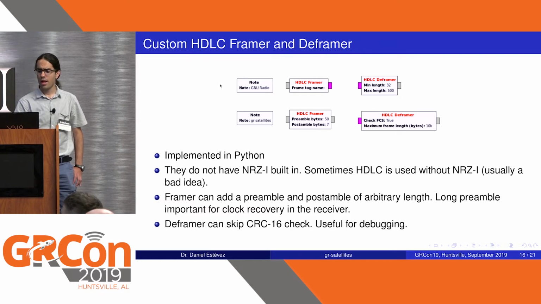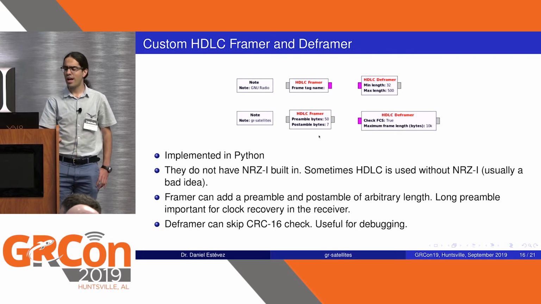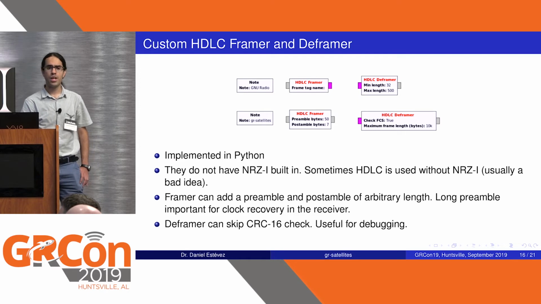On the top row, there are the blocks from GNU Radio, and on the bottom row, we have the blocks from gr-satellites. And the main difference is that on the framer, in gr-satellites, you are able to specify how many preamble bytes or flags you want, these 7E, the famous HDLC flag, and how many postamble bytes you want.